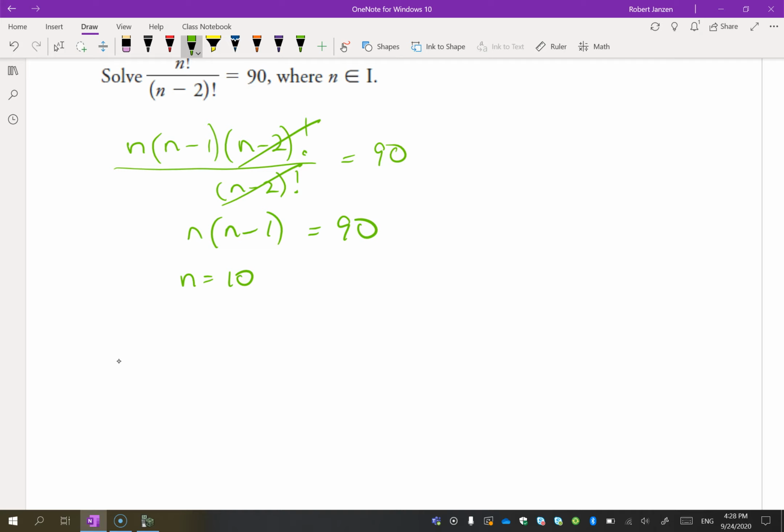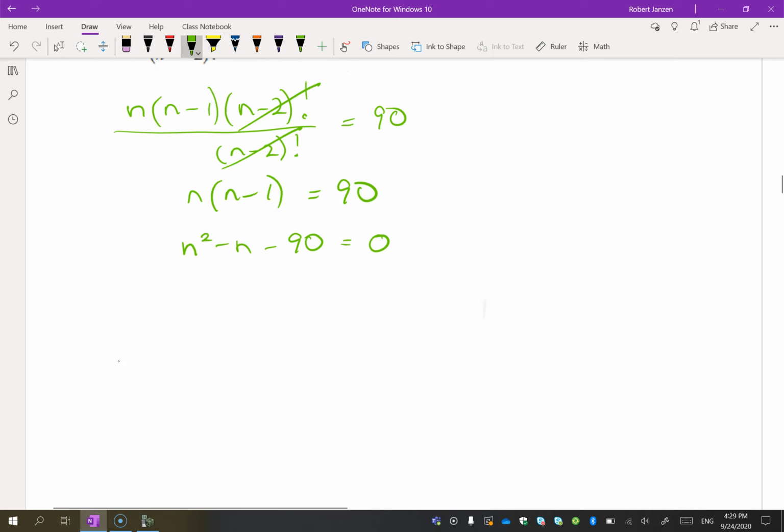There's another way to solve that, and that's using algebra. I'm not sure if this is something you're going to have to do, I'll have to look into it. But I bring the 90 over to the left side, and then I'm going to do something called factoring, if you remember this from grade 10. Factoring this, what multiplies to negative 90 and adds to negative 1?